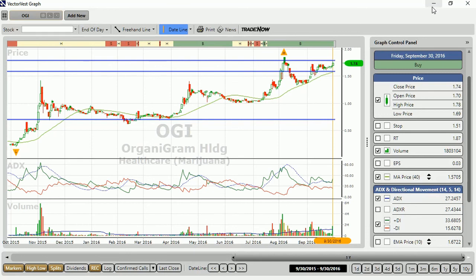Alright, so we know our levels now based on an analysis of the stock chart, so the technical analysis. Now we can go back to the spreadsheet and do our what-if planning.